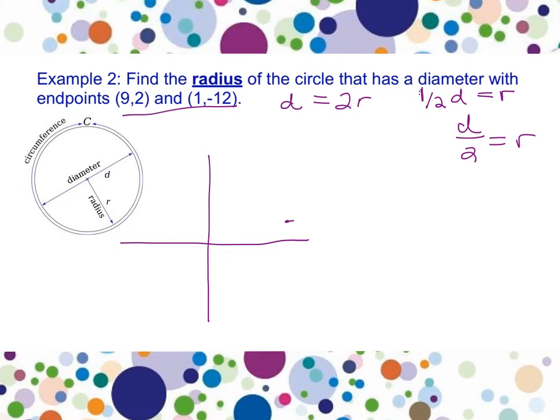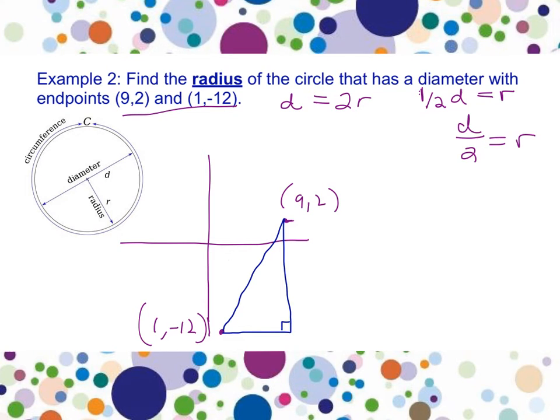And then (1, -12) would be down here. All right, so this is the diameter of our circle. We said this is (9, 2), and this is (1, -12).